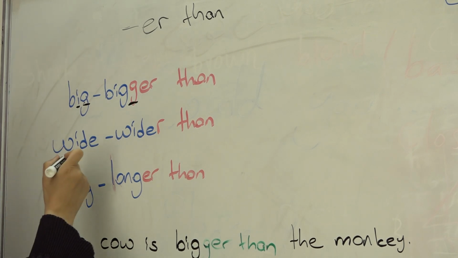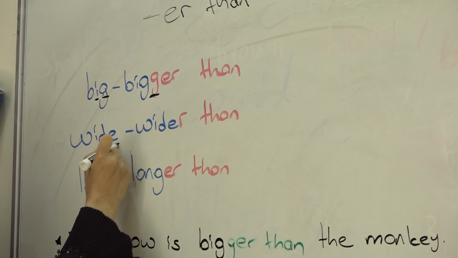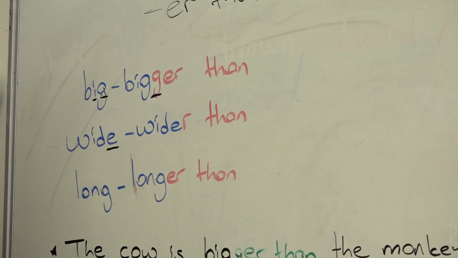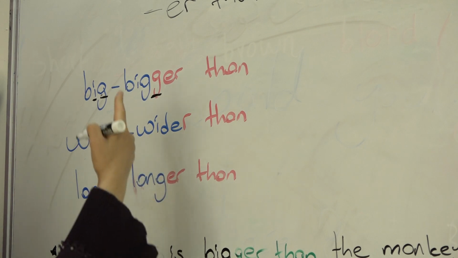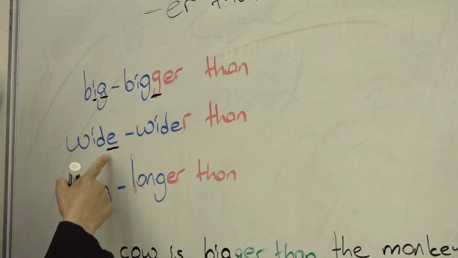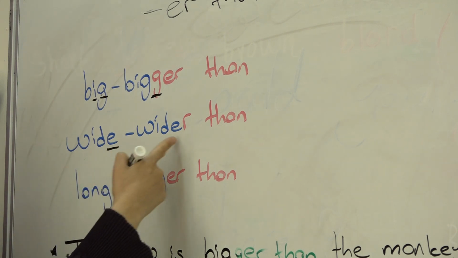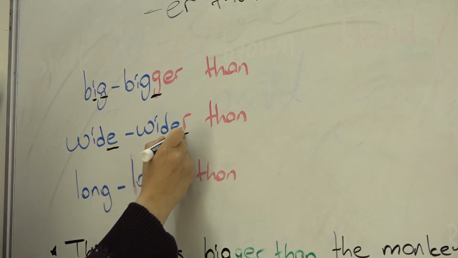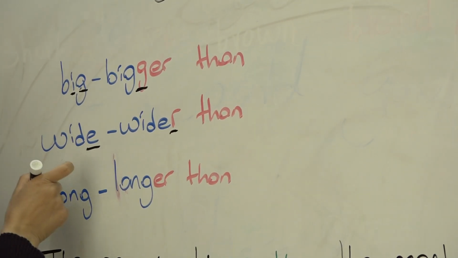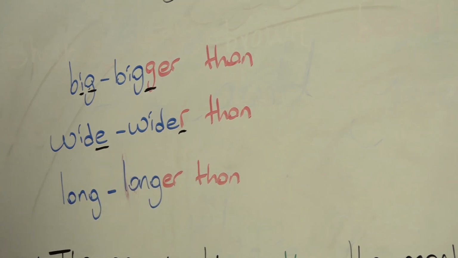The word white already has a vowel E at the end. Therefore, I don't need to double it and make it wider than. No. Because I already have E here, I only put R and write than. It becomes wide, wider than.